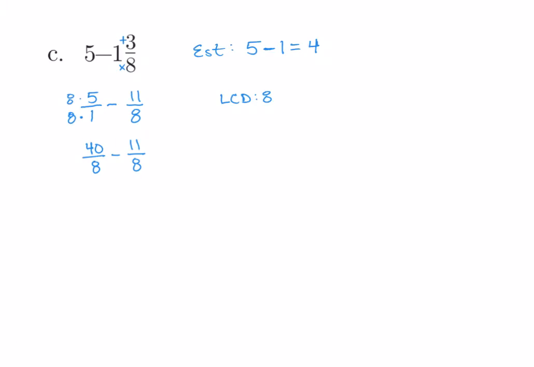My second fraction stays the same. And if we go ahead and subtract 40 minus 11, we borrow from the 4. The 0 becomes a 10. We should get 29.